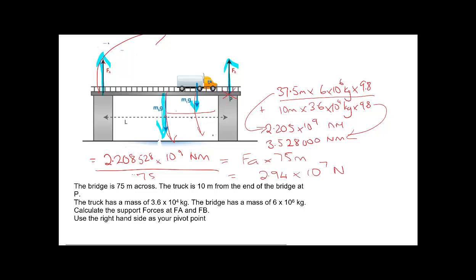But if we need to work out the force on this, that's going to be a little bit different. The combined weight force of the truck and the whole bridge minus FA will give us FB.